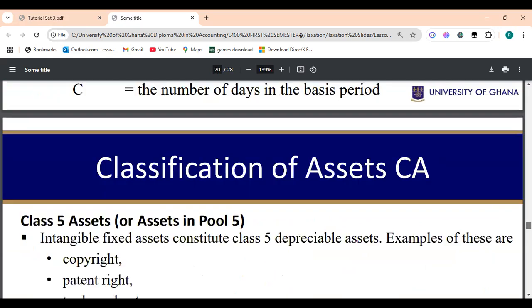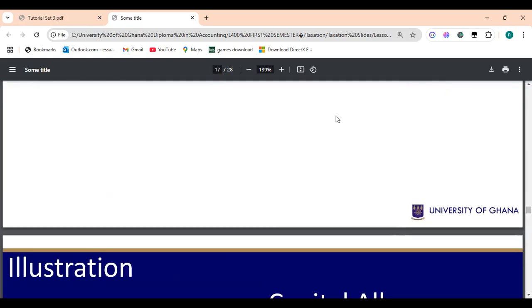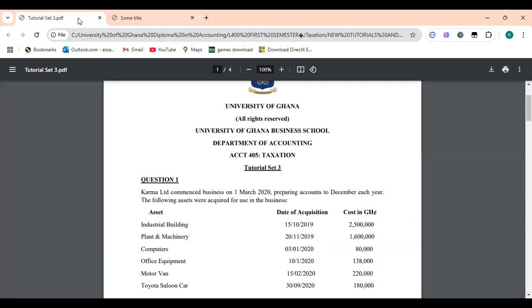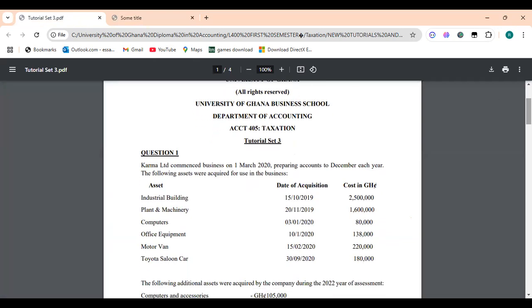All right, so now let's go straight to our tutorial set. In tutorial set 1, this is what we are having here. Kama Limited commenced business on March 1st, 2020. One key thing you have to keep in mind when answering a capital allowance question is to look at the basis period when it comes to the first year. So the first year, you always look at the basis period.